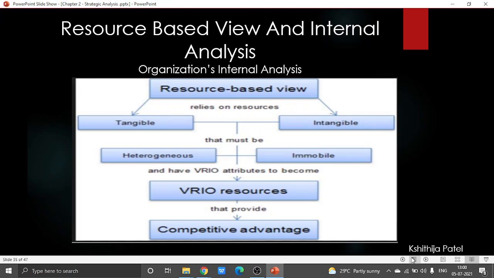You can see the resource based view divided into tangible and intangible. That is to tell the organization relies on both the resources, and it tells that there must be heterogeneity and immobility, and they'll do the VRIO resource. What is that? We shall see later. And this analysis provides competitive advantage.